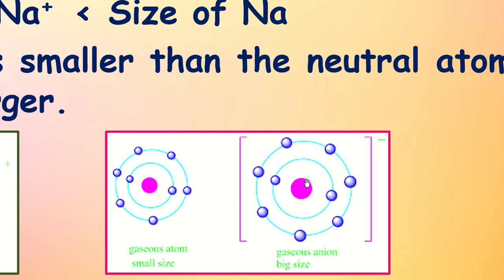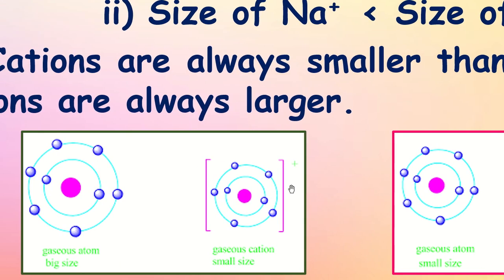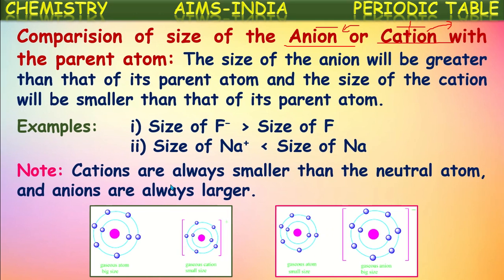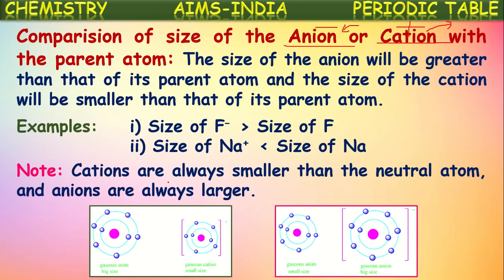So nuclear charge is dominated by repulsive forces between the electrons, so they move a little away from the nucleus, hence size increases. So we say anion size is greater than that of the neutral atom, whereas cation size is smaller than that of the neutral atom. Okay, that's about anion and cation size when compared to the parent or neutral atoms.